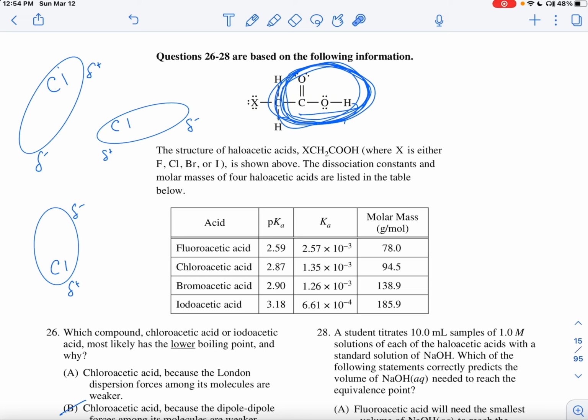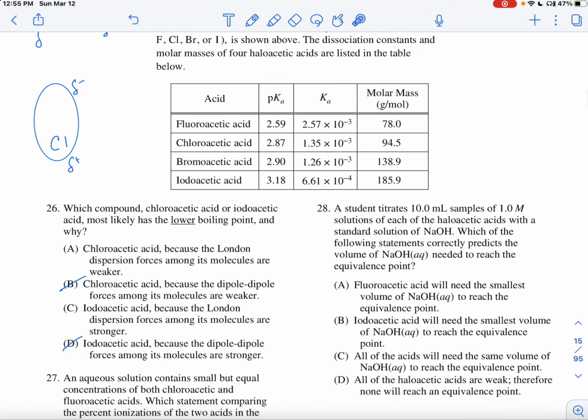Okay, so that's just a quick overview of LDF. For this question, you also have to know about the relative strengths of our IPF. So remember, we said LDF is the weakest, then dipole-dipole, then hydrogen bonding. Here, we're just going to be looking at LDF, but the same principle applies. The stronger the attraction is, the harder it is going to be to break up those molecules.